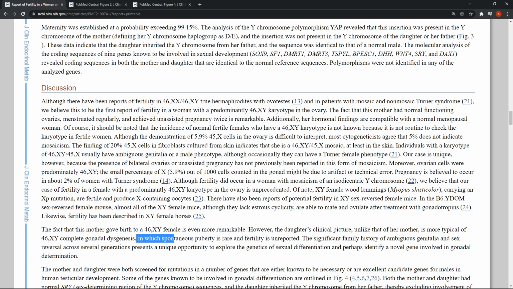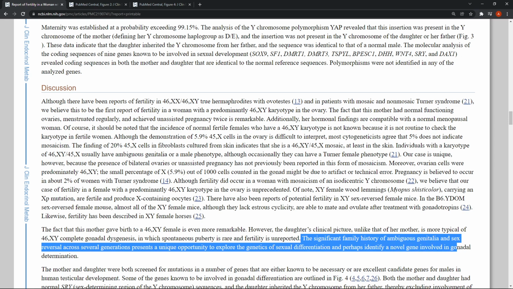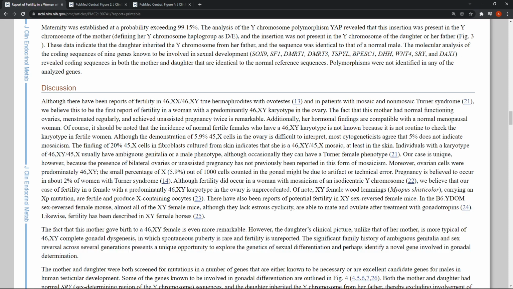It goes on, in which spontaneous puberty is rare and fertility is unreported. So this is what you'd expect with a 46XY, Swyer syndrome female. "The significant family history of ambiguous genitalia and sex reversal across several generations presents a unique opportunity to explore the genetics of sexual differentiation and perhaps identify a novel gene involved in gonadal determination."